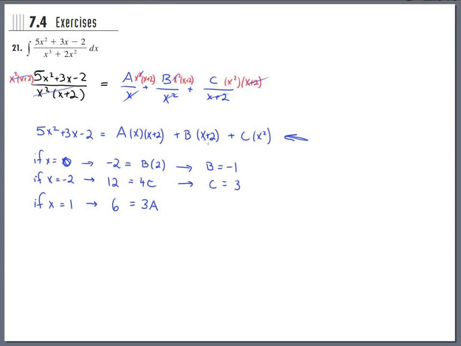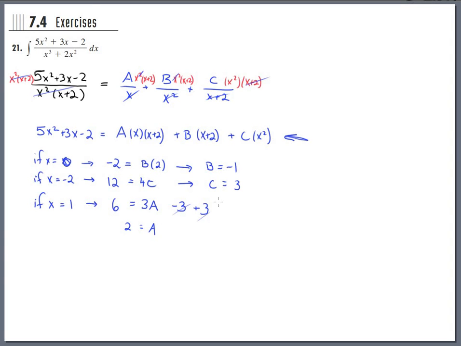So negative 1 times 3 is negative 3. And I know that C is 3, and I'm plugging in 1 for x. So that becomes plus 3. That won't always happen. That was just a coincidence of this particular equation, but these cancel. And it turns out that A is 2.